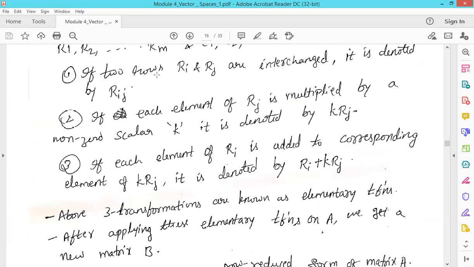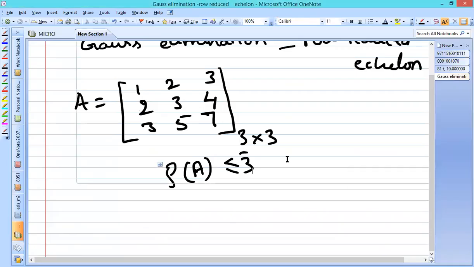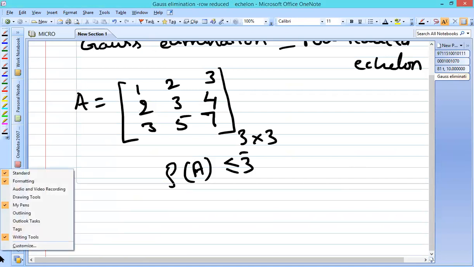One is that rows can be interchanged, a row can be multiplied by a non-zero scalar, and corresponding rows can be added. Using these elementary transformations, we can convert the given matrix into the required echelon form.